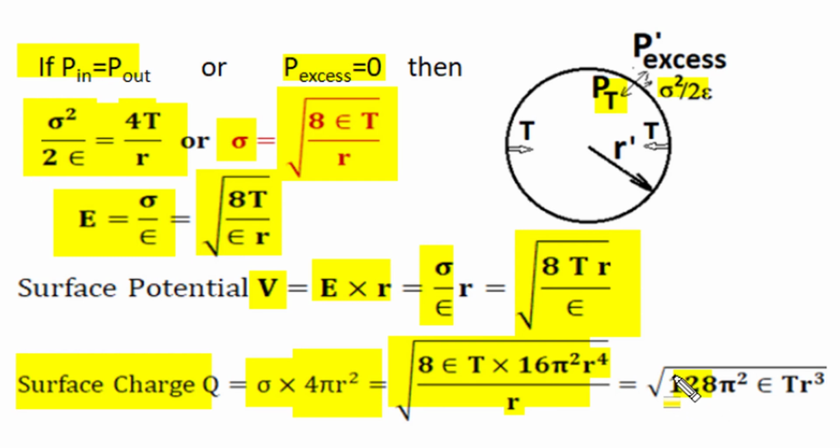One should remember this number 128 for objective examination. This pi square epsilon T as it is, and this R to the power 4 when divided by this R becomes R cube. So this R cube square root relation is often asked in examination, and surface charge is directly proportional to the square root of R cube.